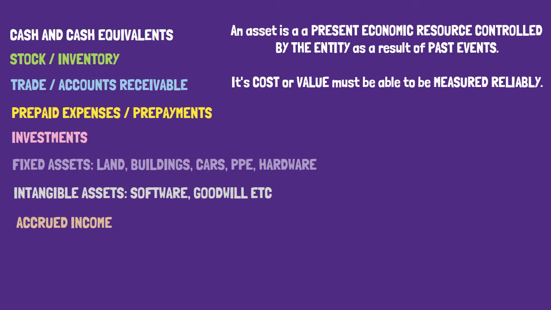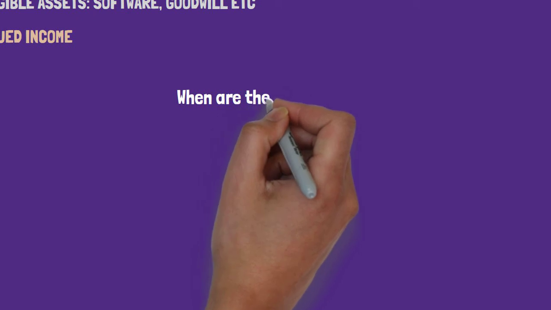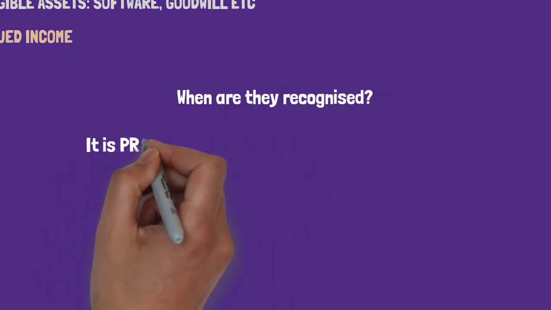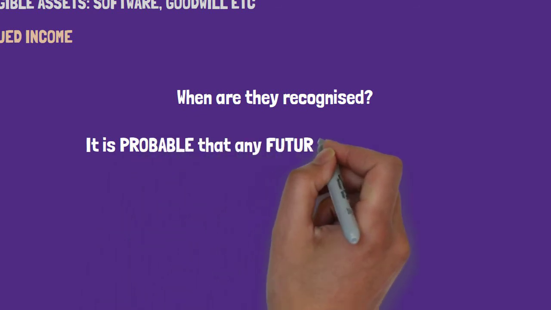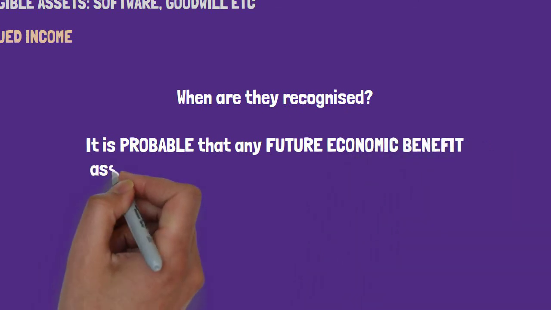Right, the last thing to consider is, when do we recognize assets? Now, we've covered one of these bits before, which is an asset can only be recognized when its cost or value can be measured reliably.